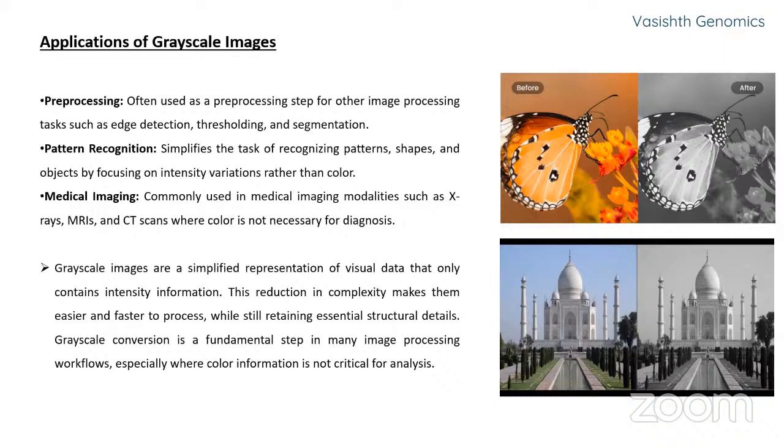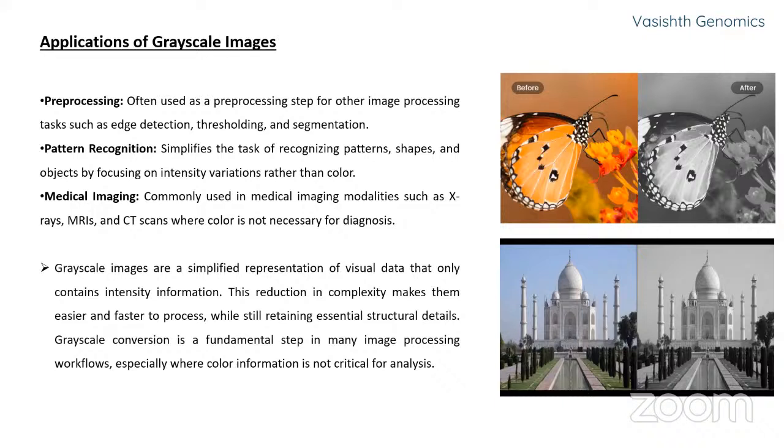Commonly used in medical image modalities such as X-rays, MRIs, and CT scans, where color is not necessary for the diagnosis. You might have wondered why your X-ray films or MRIs are in grayscale. In medical diagnosis, it is easy to process grayscale.